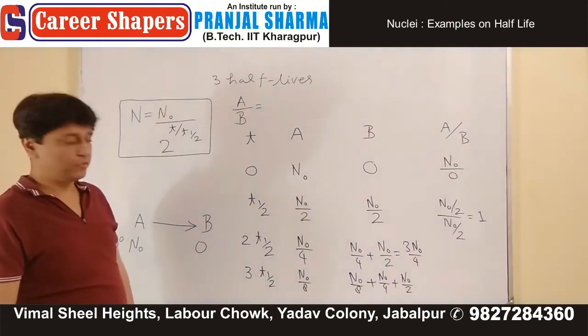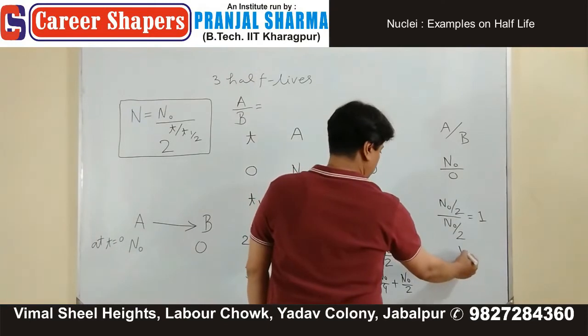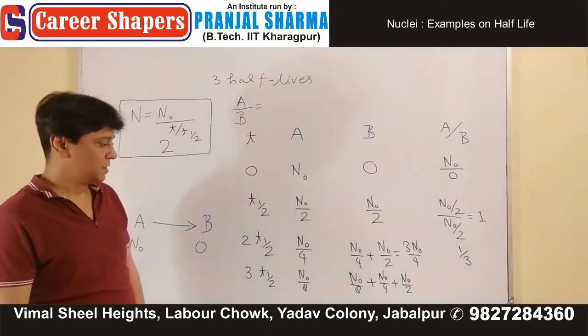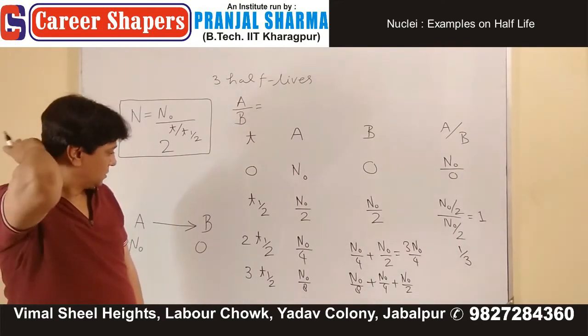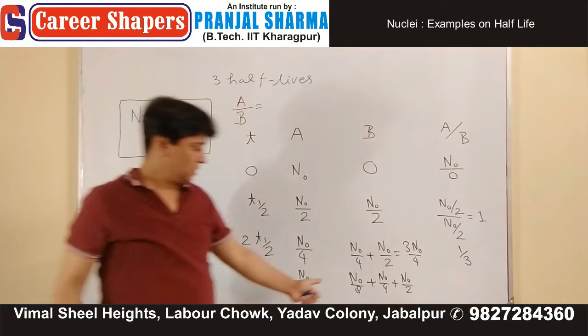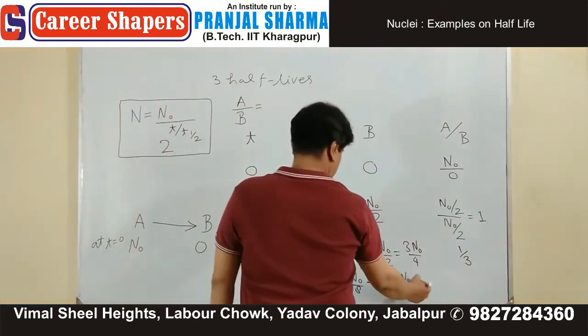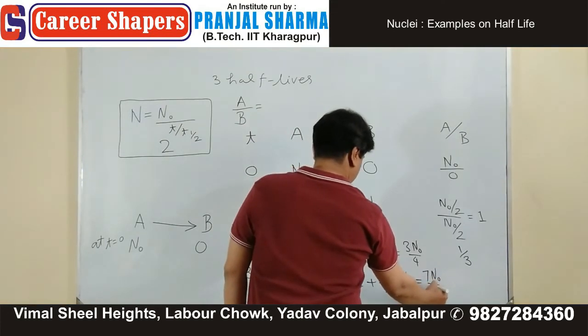So if you go for the ratio of A and B, the ratio is coming 1 by 3. What about this? This is coming 7 N naught by 8.